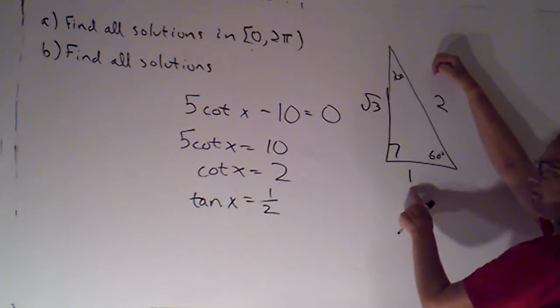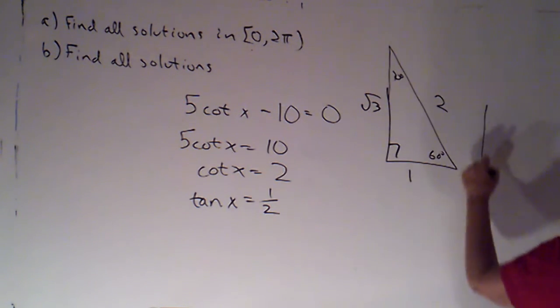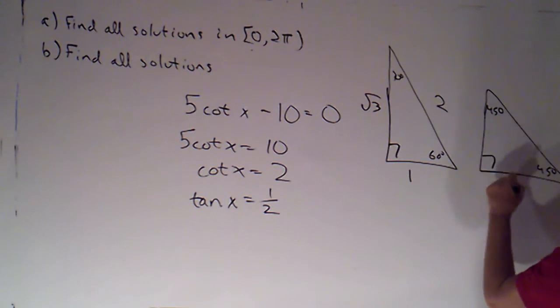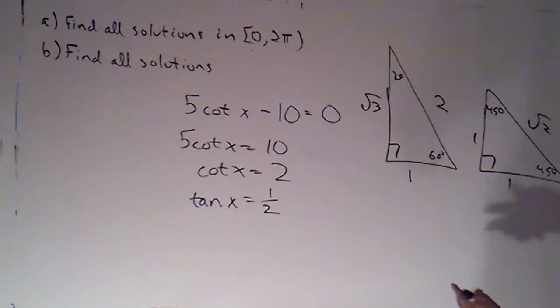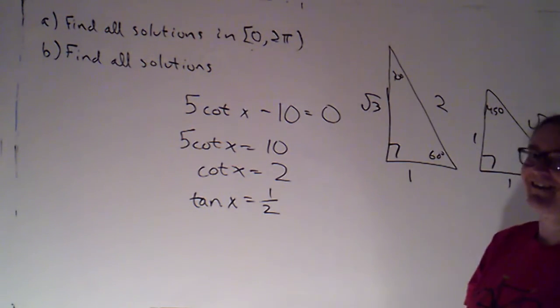Tangent of 60 is root 3 over 1. The 2 doesn't show up when I'm calculating tangent. And if I look at my 45, 45, 90, tangent is just 1. So even though that's a number I recognize, I don't recognize it in this context.